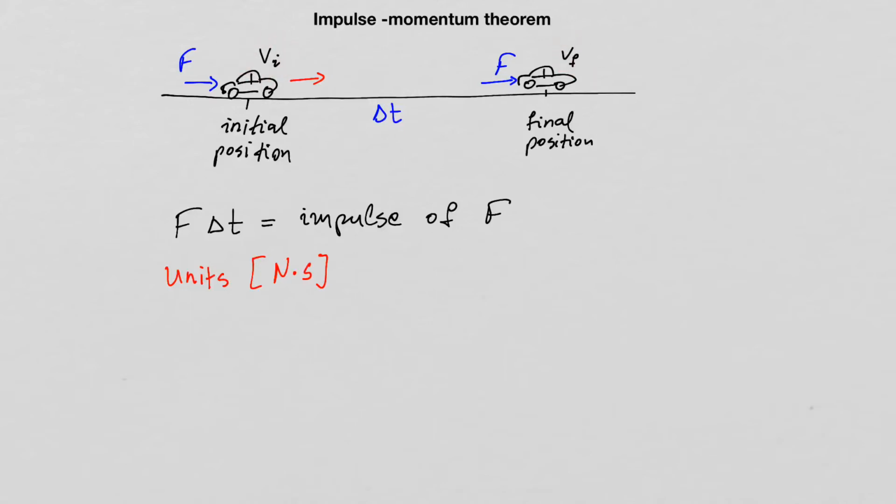So then the relationship between the two, the impulse of the force and the change in momentum, is given by the impulse momentum theorem. And the statement of the theorem in a formula form is that the impulse of the force F, so that is F times delta t, is equal to the change in momentum, mv final minus mv initial.